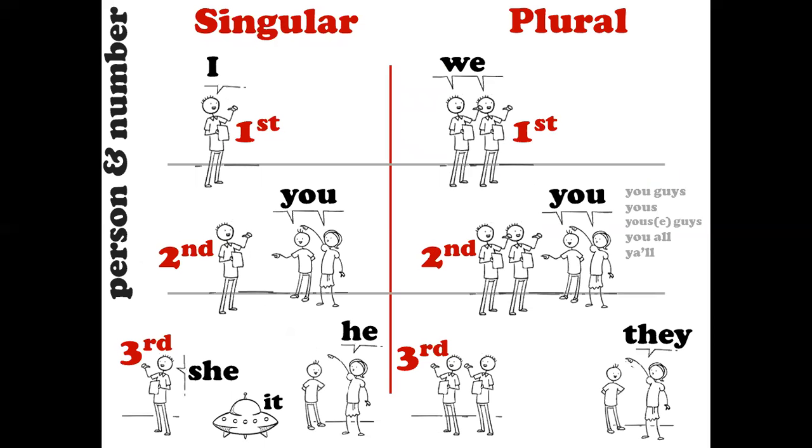All right. So who is doing it and how many people are doing it? So you can see here the English subject pronouns. All right. On this side of the chart, this chart that we use for conjugation of Spanish verbs, one side is singular. And what does singular mean?